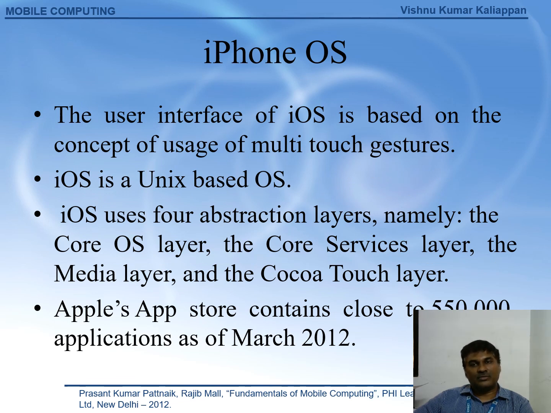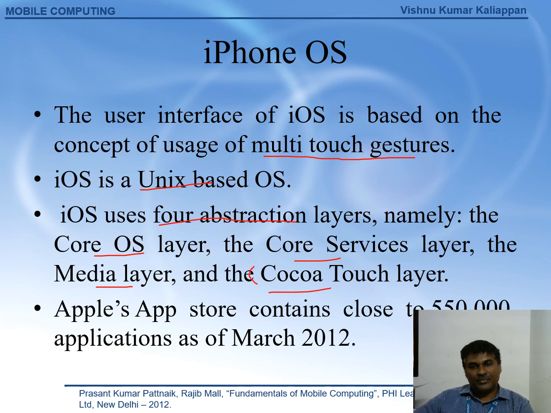The user interface of iOS is based on the concept of multi-touch gestures. iOS was the first device to support multi-touch gesturing, and iOS is based on Unix. iOS has four abstraction layers, namely Core OS, Core Services Layer, Media Layer, and Cocoa Touch Layer.